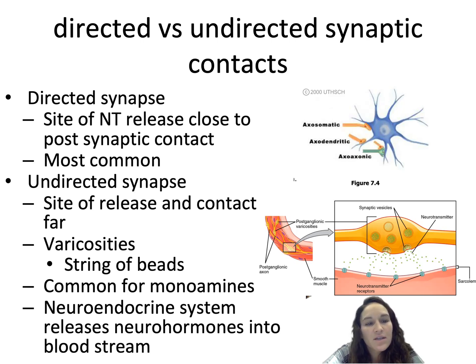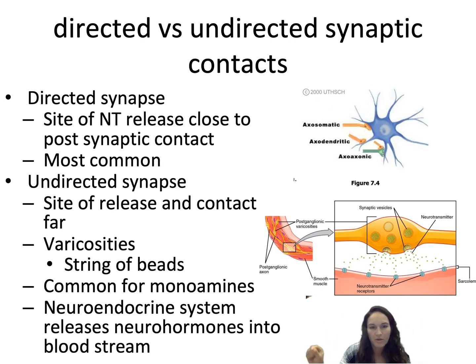And in an undirected synapse, vesicles are released along the length of the axon rather than just down the axon terminal. And this means that the site of release of these neurotransmitters from the axon might be really far from the site that they're acting. So the way we talk about undirected synapses is we oftentimes just call them varicosities or strings of beads, where the axon appears like a string of beads.